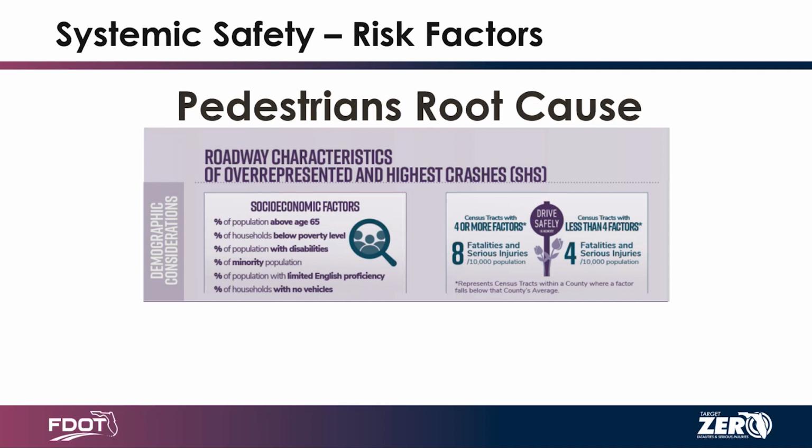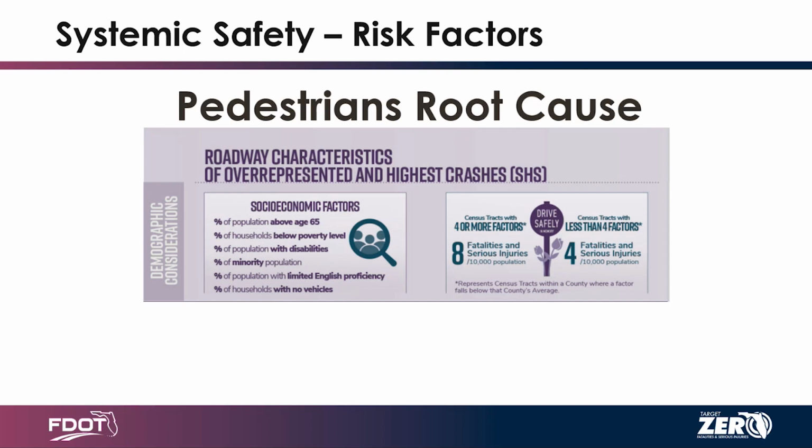So the other thing to note is we start getting into socioeconomic demographics, right? So looking at percentage of the population over 65, percentage of households below the poverty level, percentage of the population with disabilities, percentage of minority population, percentage of population with limited English proficiency, and percentage of households with no vehicles.